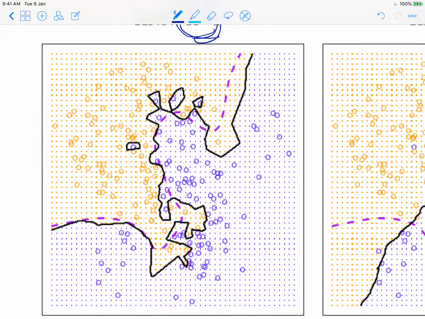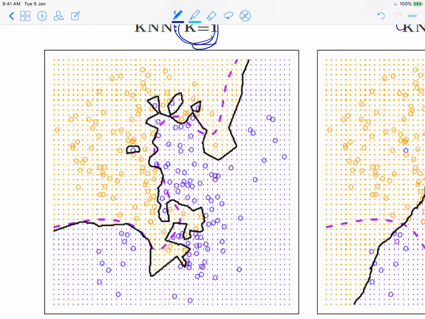And here, this purple dashed line is actually our Bayes classifier or Bayes decision boundary. Okay?